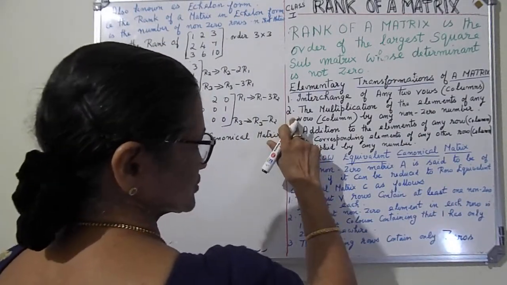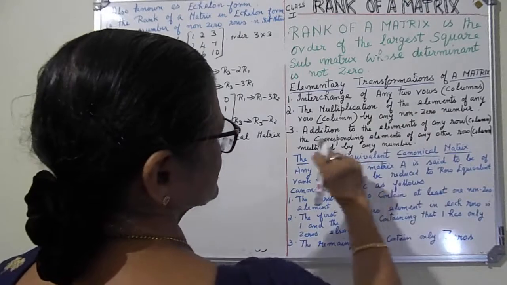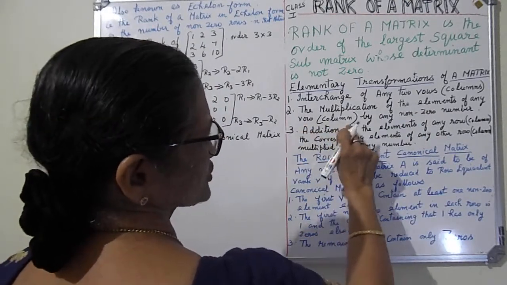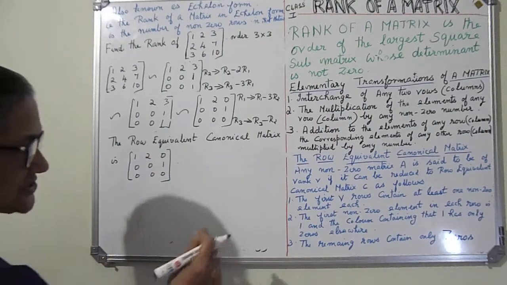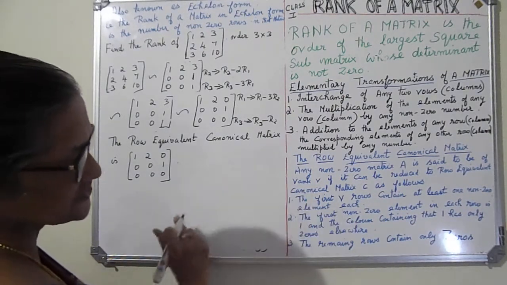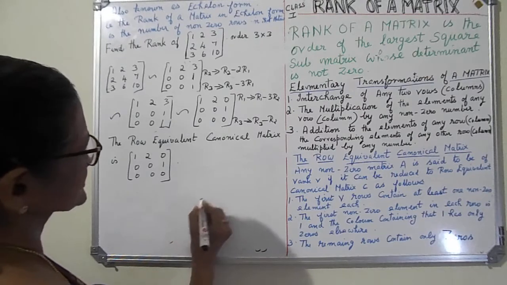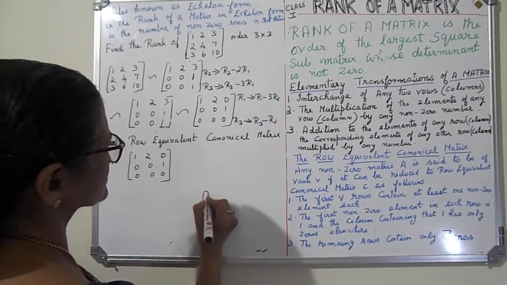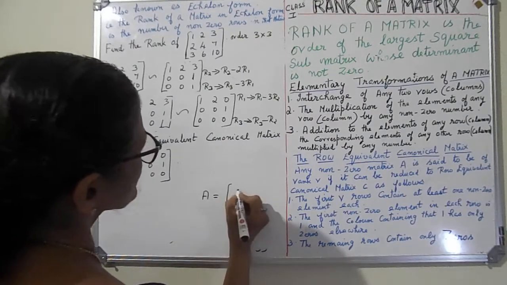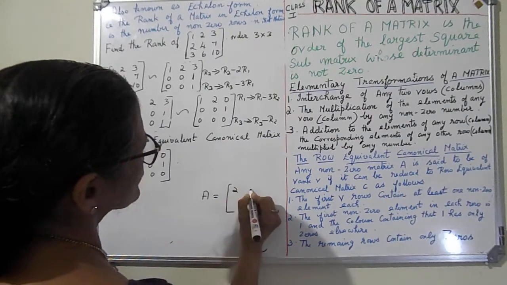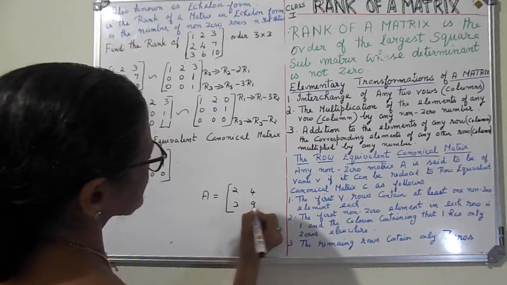Property number 2, multiplication of the elements of any row or column by any non-zero number. We can multiply the row or column by a non-zero number. For example, consider the matrix A is equal to 2, 4, 3, 9.